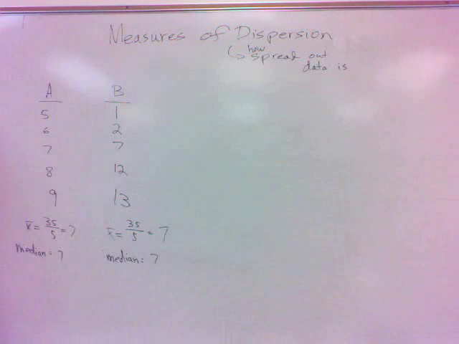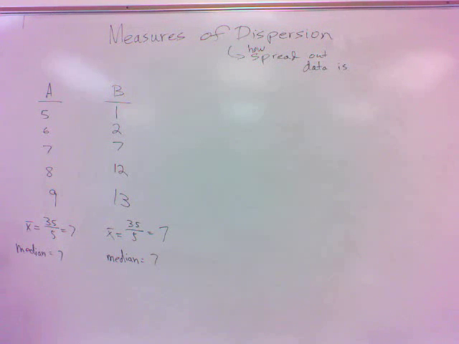Okay, so here's my point. A and B both have means and medians of 7. However, they're two totally different data sets, aren't they? I mean, this one is different than that one. But they have the same mean and the same median. Well, what is something different about A and B?